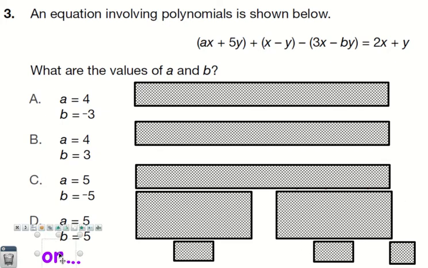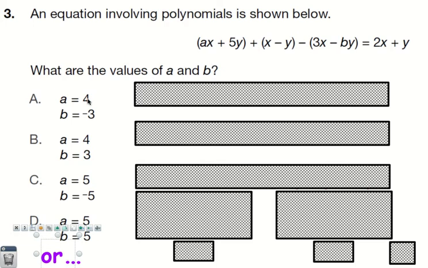But something that you could do is just try out each pair of values. Try plugging in 4 for A, negative 3 for B, and see if it works out. What would that make it? 4x plus 5y plus 1x minus 1y minus this 3x minus negative 3y.